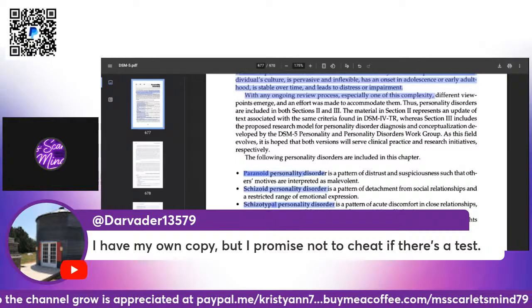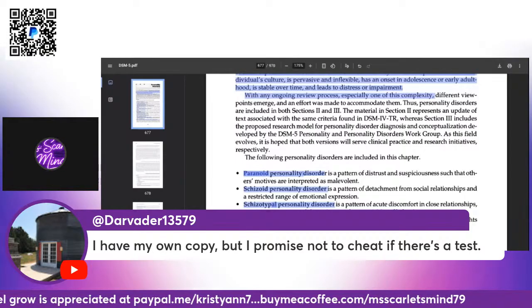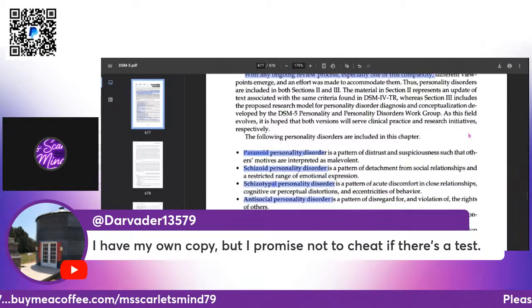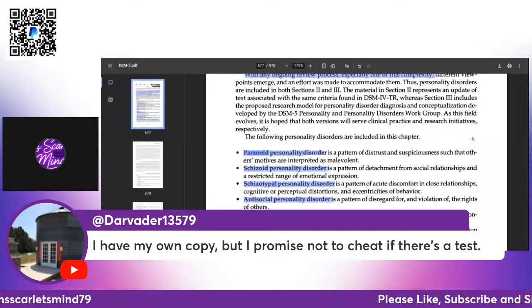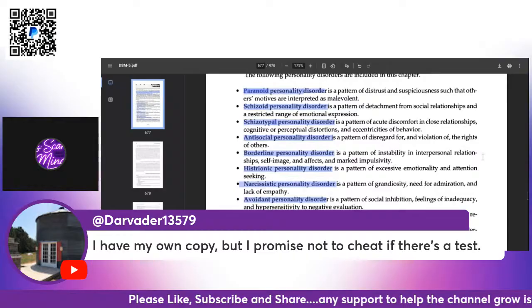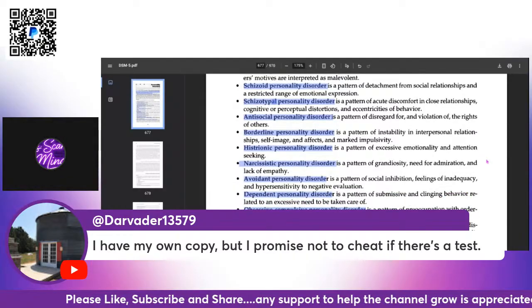Sometimes they combine disorders and mental illnesses into one. Changes happen all the time. As this field evolves, it is hoped that both versions will serve clinical practice and research initiatives, respectively. And then the following personality disorders are included in this chapter. And this is the one I was going to go over today, because there are other.